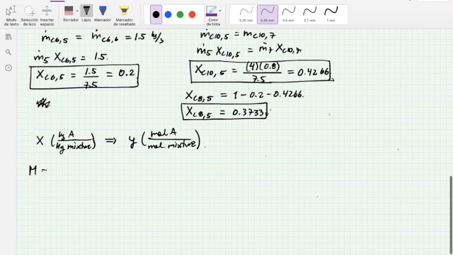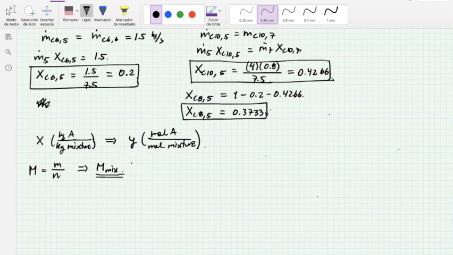Molar mass is just mass divided by the number of moles, okay? So that's what it means. And also you have the molar mass of the mixture, which is very convenient data to have because otherwise you need to get it, and at some point, maybe you cannot get it. So thankfully, we have it, okay?